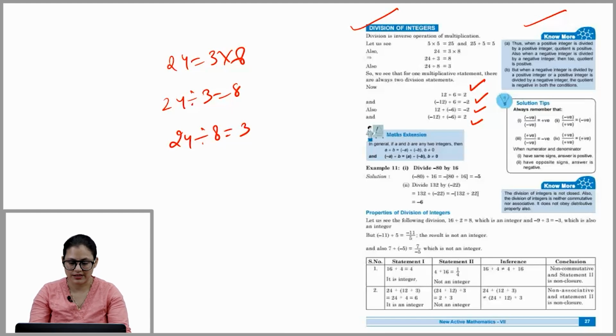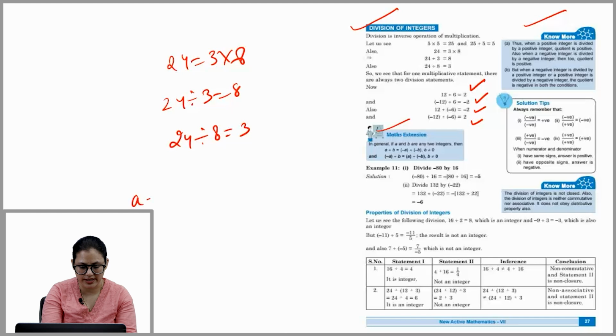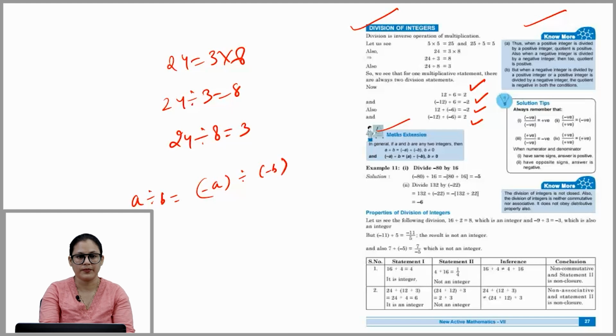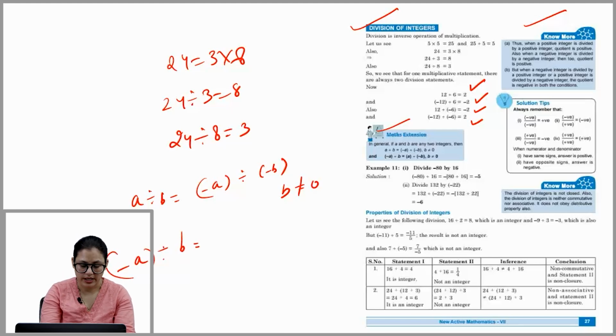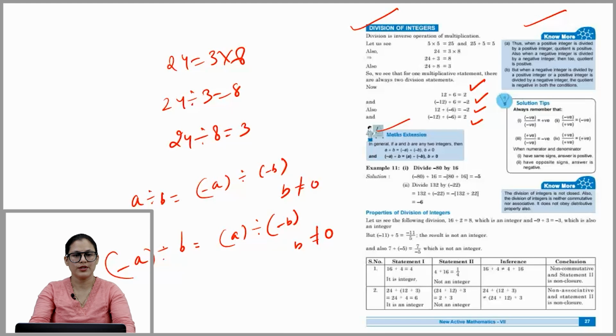Okay. Maths extension. In general, if a and b are any two integers, then a divided by b is equal to minus a divided by minus b, and b is not equal to 0. And minus a divided by b is equal to a divided by minus b, but here also b is not equal to 0.